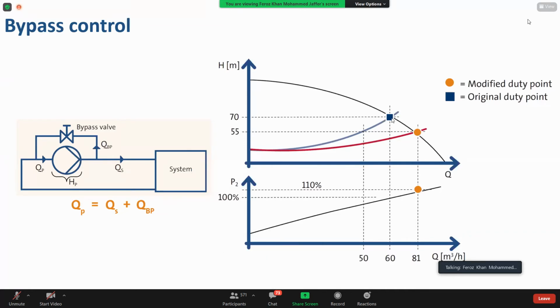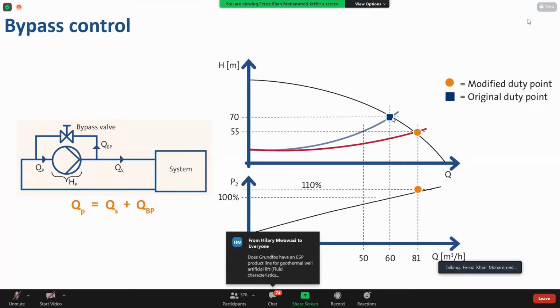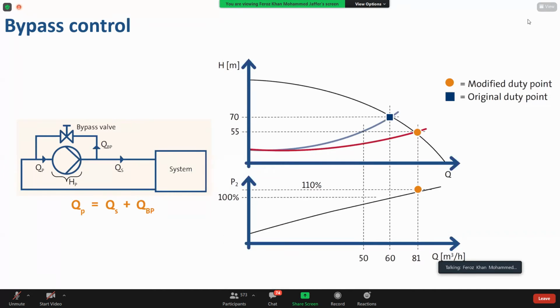But what is happening to the pressure? We are reducing the pressure from 70 meters to 55 meters, which is what is required by the system. So the system will be healthy. On the other hand, we are also managing the excess flow by not letting it into the system, just circulating it in the bypass line. Hope that answers the question.